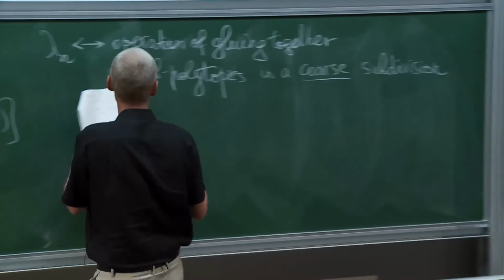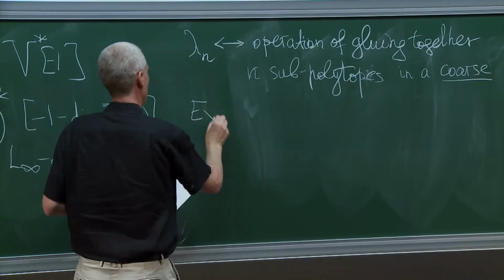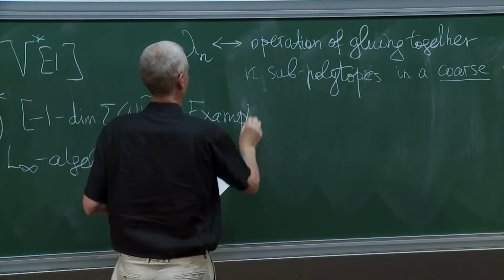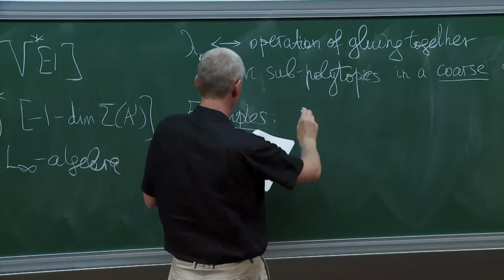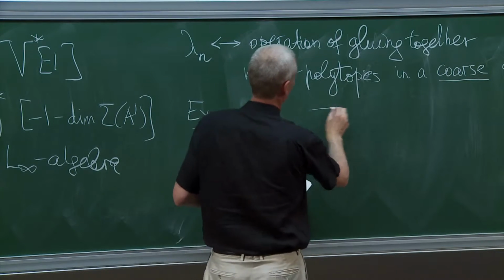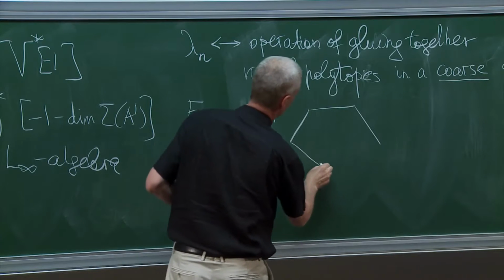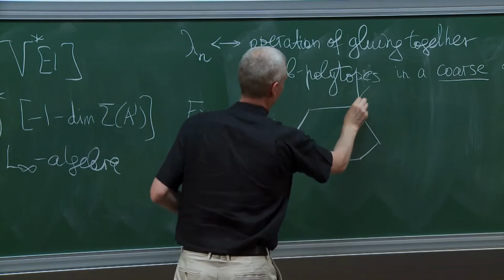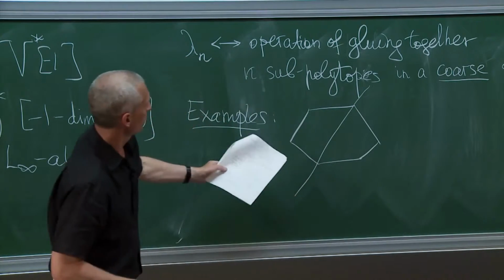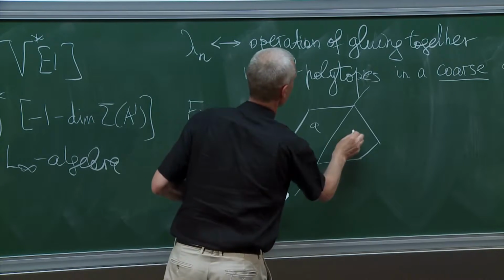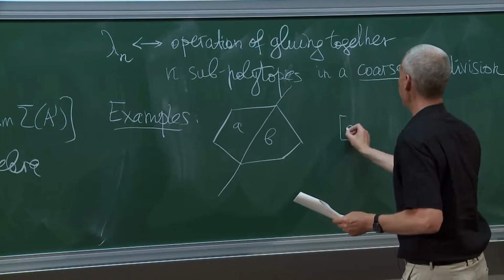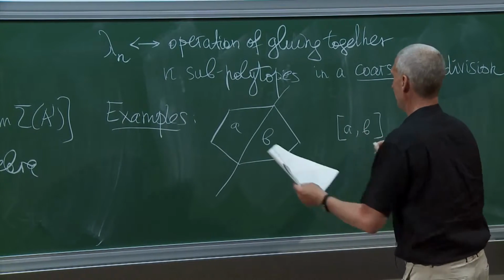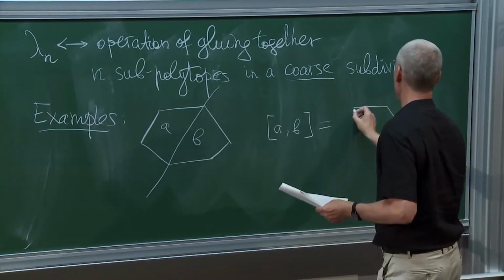So what are examples of this? For instance, if we dissect our polytope into two parts, A and B, by a hyperplane, then it gives me the binary bracket, which simply says that A and B together make the whole thing.